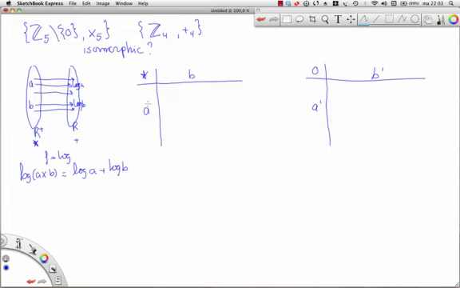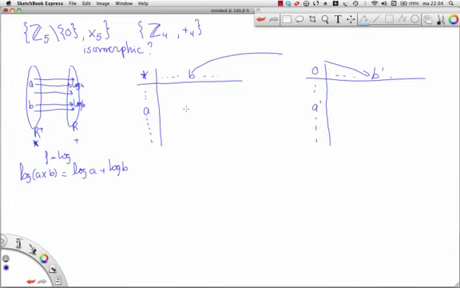Now first of all, every element needs to have an image, so every element B needs to have an image B accent, and A needs to have A accent, and it has to be true for every element of the set I am working with here and the set I'm working with there. And that was the first requirement.